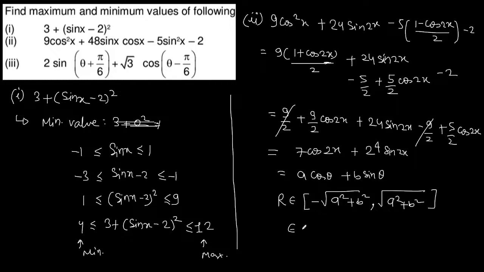If you substitute, 24 whole square plus 7 whole square is 625. So root under is 25, so the range is minus 25 to 25. Okay, going to third number. Going to question number three. We have a very basic question.